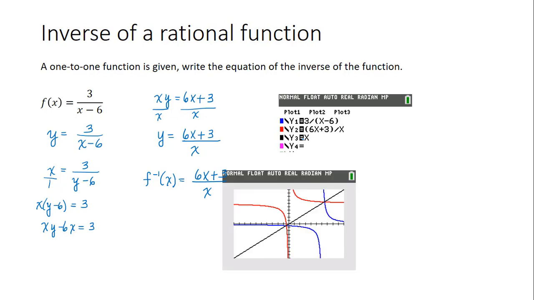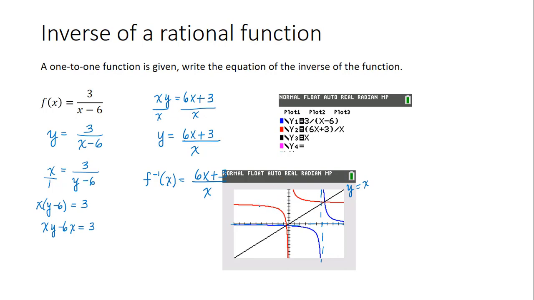So when we look at the graph, notice that the function in blue is the graph of the original function. There is a vertical asymptote at 6 and a horizontal asymptote at y equals 0. And when we look at this line y equals x, we can see that the graph in red, which is our inverse function, is symmetric about that line.